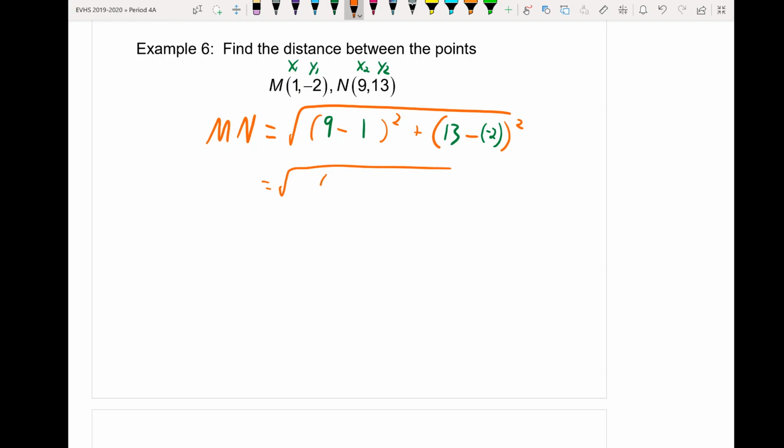Simplifying down gives me 8 squared plus 13 plus 2, which is 15 squared. Eight squared is 64, plus 15 squared is 225.